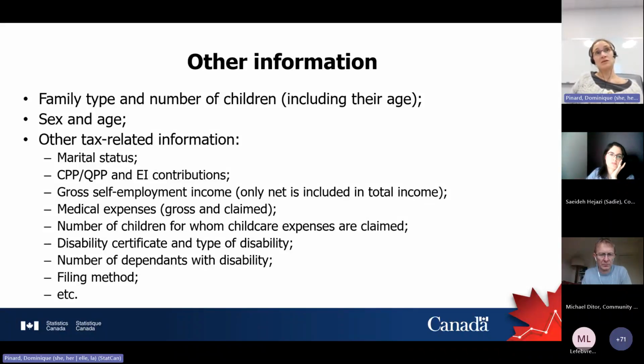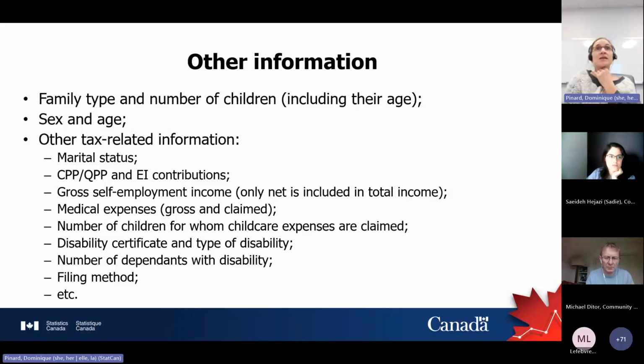And so it's for tax filers only. We know that we underestimate the number of disability certificates for the younger population, up to 18 years old. When we compare with the CRA data about the disability certificate, we're very comparable. But again, it's not a concept that corresponds totally with what the census or other surveys would have.